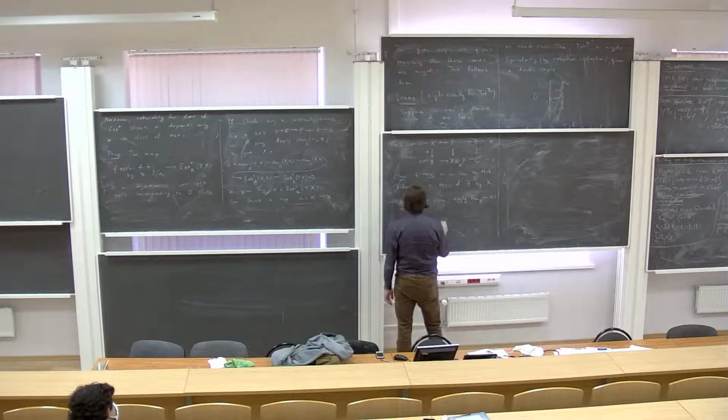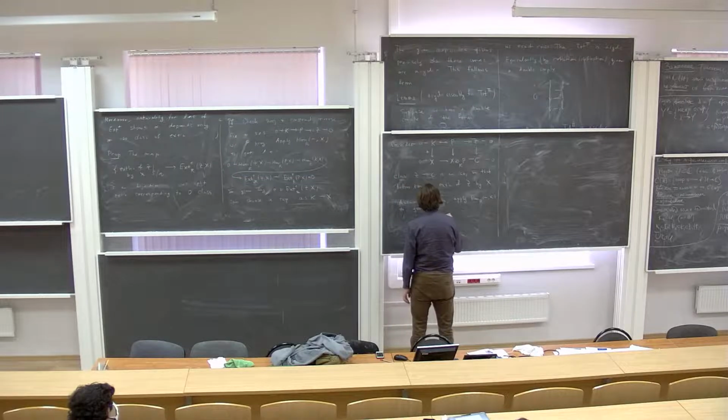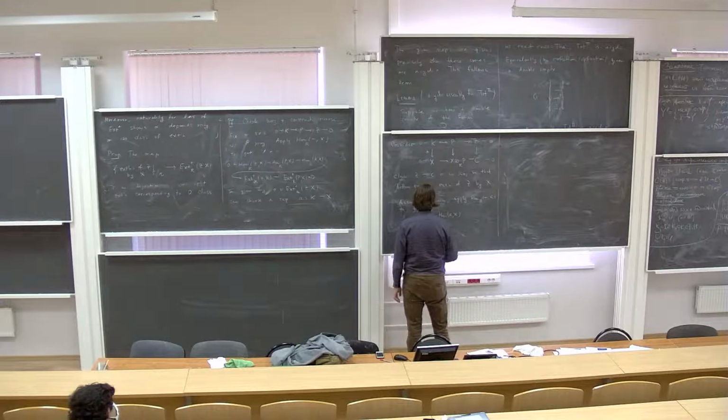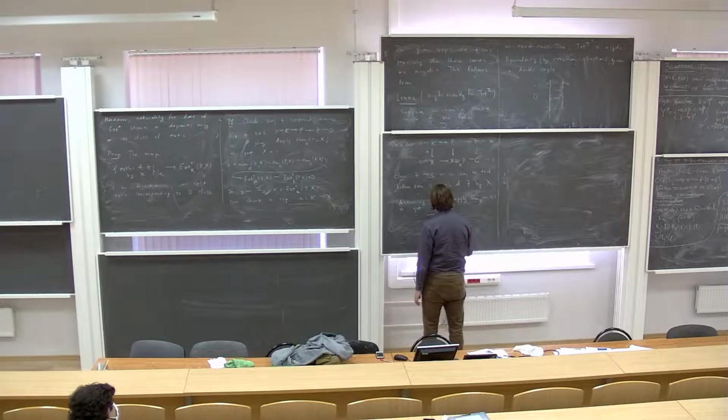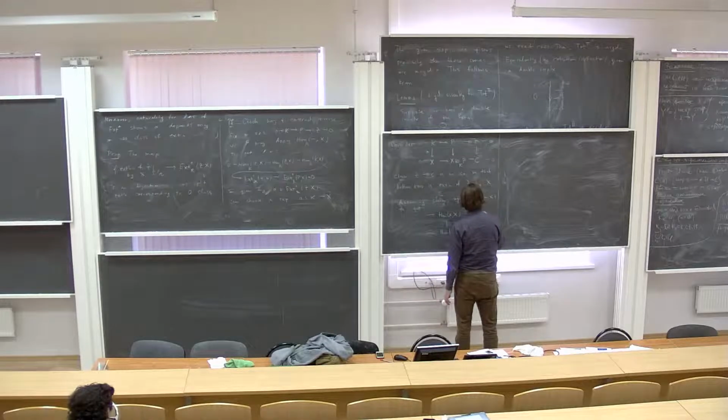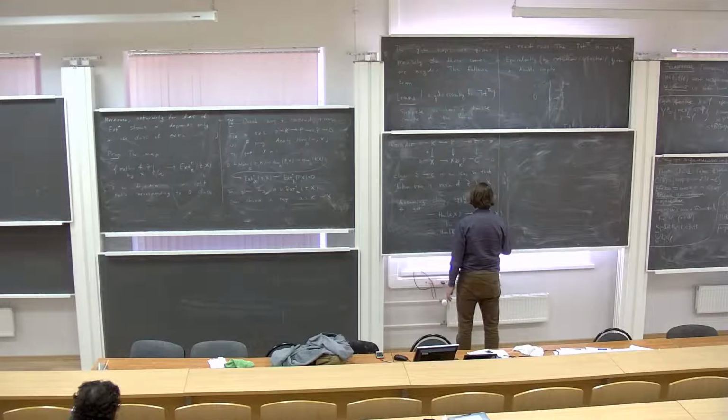So it will be Hom, there'll be some kind of incoming terms, and there'll be Ext^1(Z, X), this will be Ext^1(Z, X), everything over R.